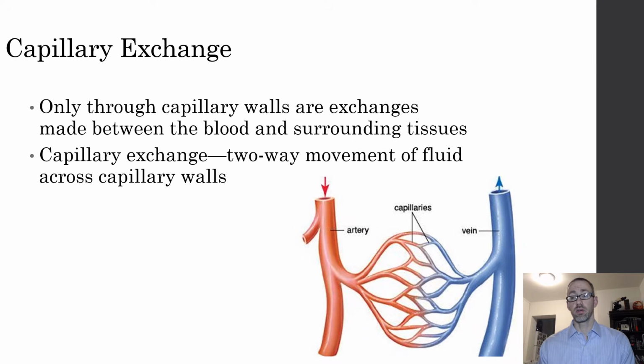Then the arterioles branch into capillaries. And from the capillaries, we recoalesce back into the veins. So we start off with the venules, which then become larger and larger veins, which then lead back to the heart. All right, that's the basic layout, if you will.